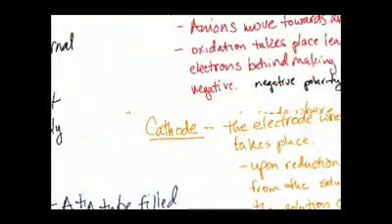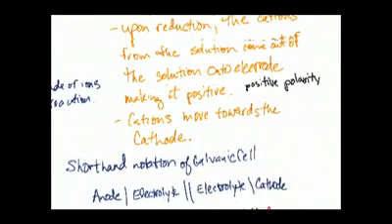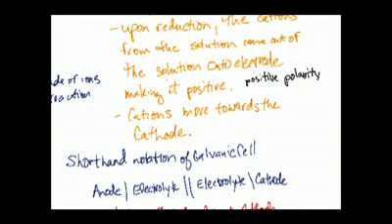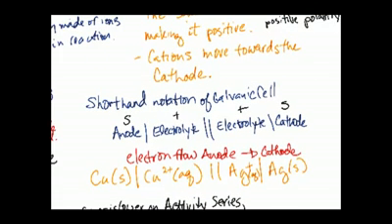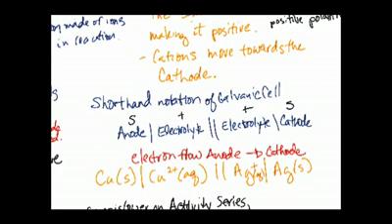Alright? The shorthand notation of this thing is going to be anode, metal, this is solid, this is the electrolyte, it's usually going to be a cation, and then a solid for the cathode. So in our example here we have copper, solid, copper electrolyte.